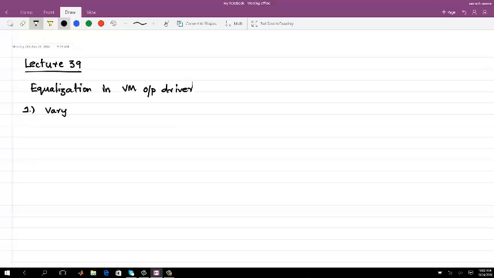That is varying conductance linearly. If you remember, this is like 1 by RT, 1 by RS, R up and R down, varying linearly with output swing, right? Varying conductance linearly with respect to output swing.